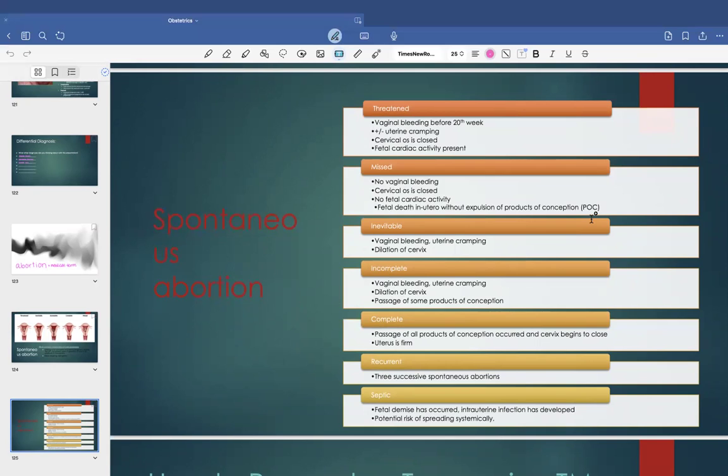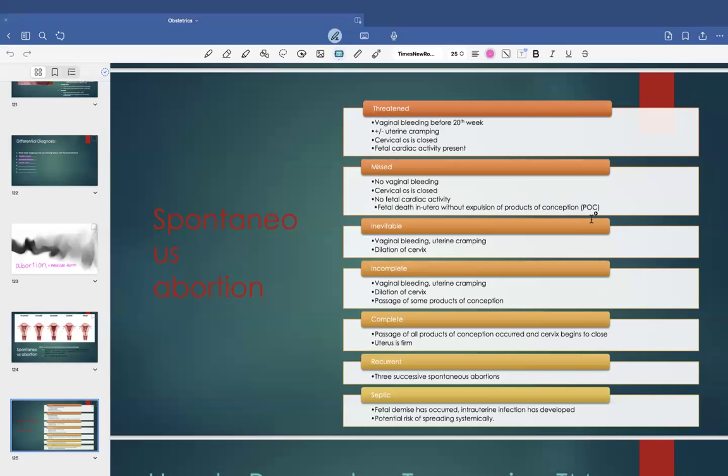I would certainly use those 7 minutes and listen to it because it is very helpful in terms of thinking about the order of these abortions. From threatened, it will either go to a missed abortion or the Inc abortions, and then inevitable, incomplete, and complete in that order. So we'll go back and look at them.